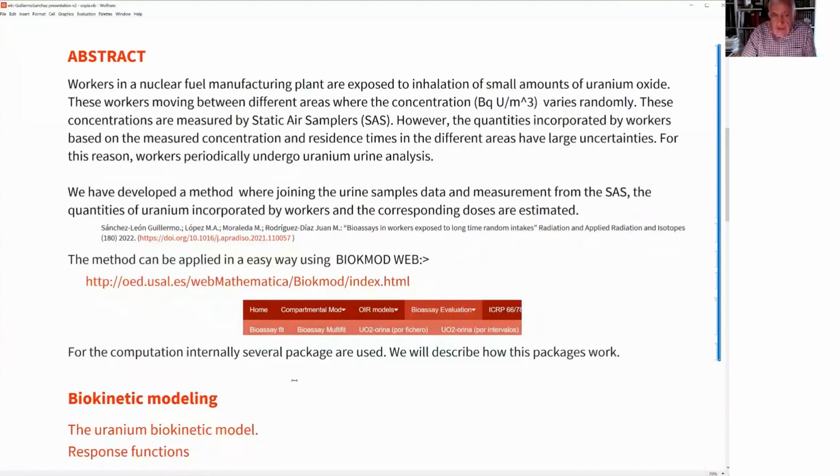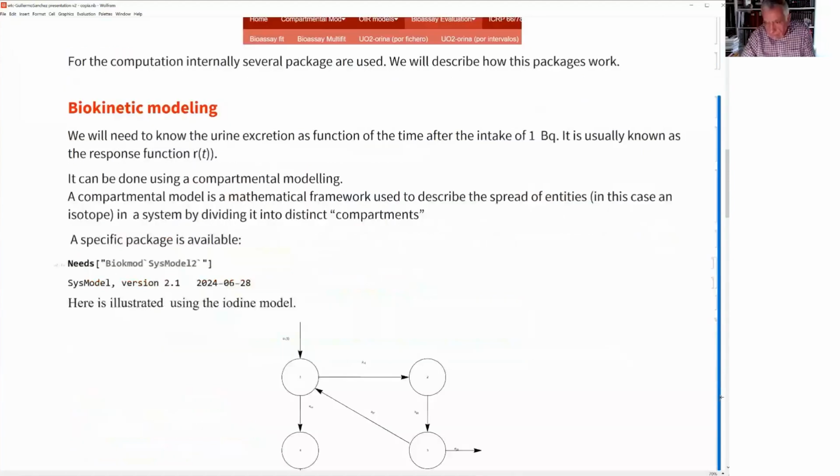This application needs several mathematical packages to work. I will describe how these packages work. We will need to know the urine excretion as a function of the time after the intake of 1 becquerel. It is usually known as the response function.